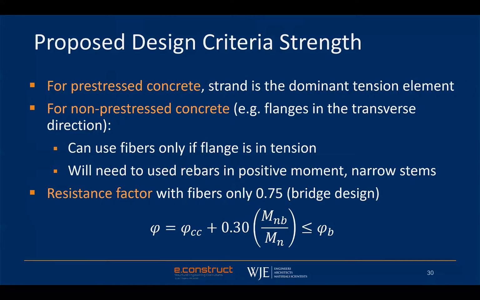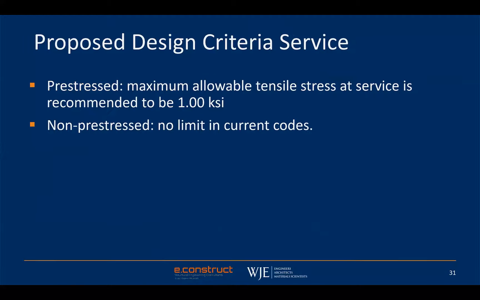So if you're doing the fibers alone, you would be assessed a resistance factor of only 0.75. If you're doing a combination of fibers and bars, then the resistance factor could go up to the factor with bars alone.